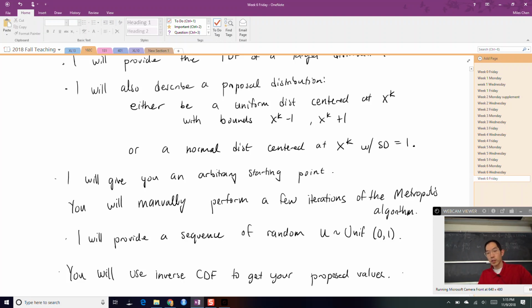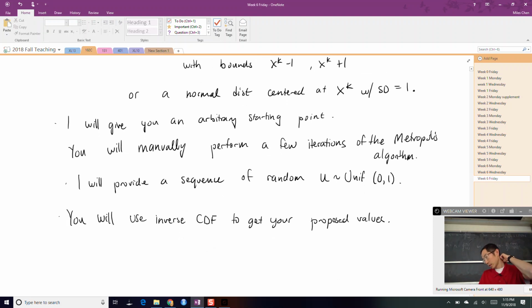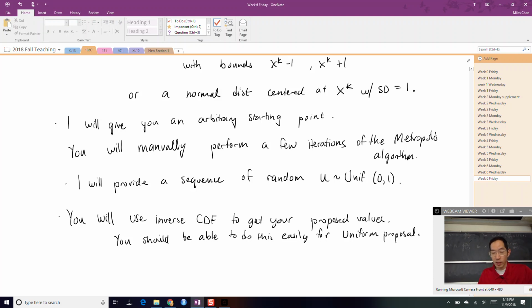Okay, so you should be able to do this easily for the uniform proposal. And if the proposal is the normal, okay, I will provide a normal CDF table.